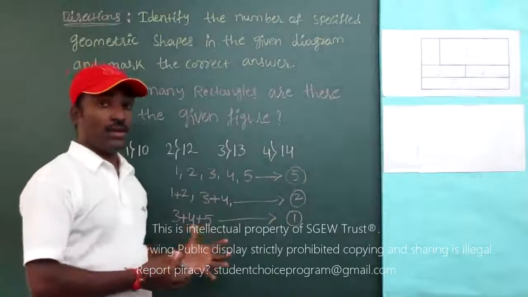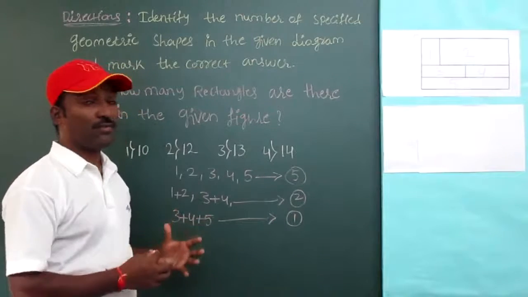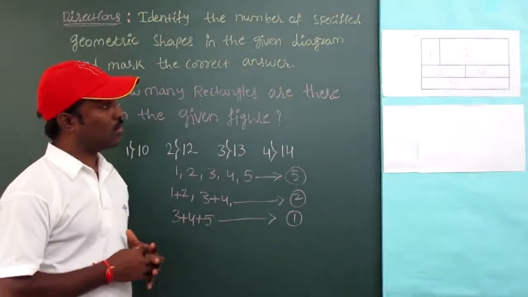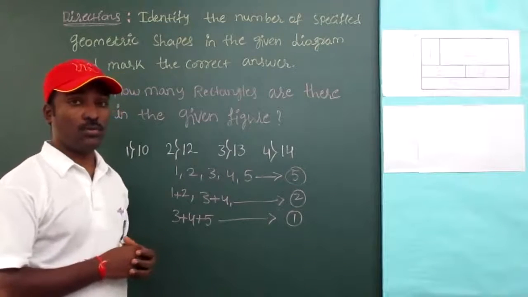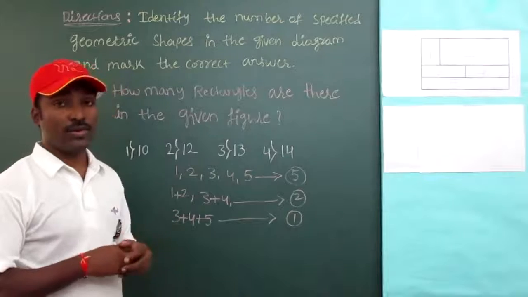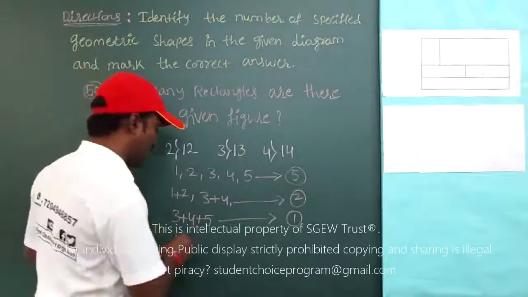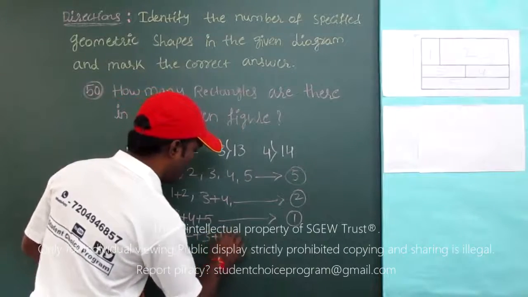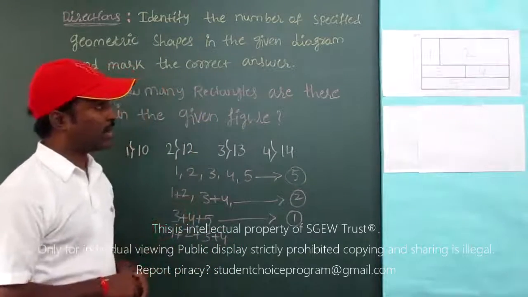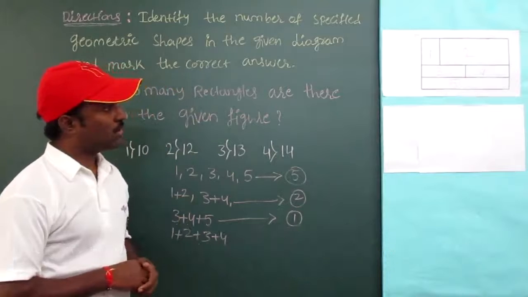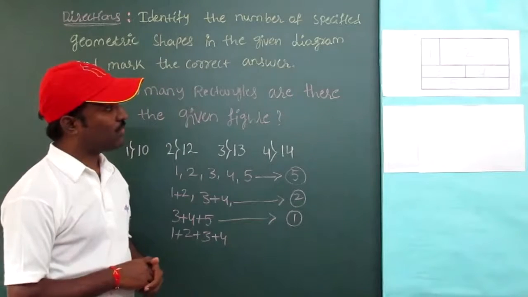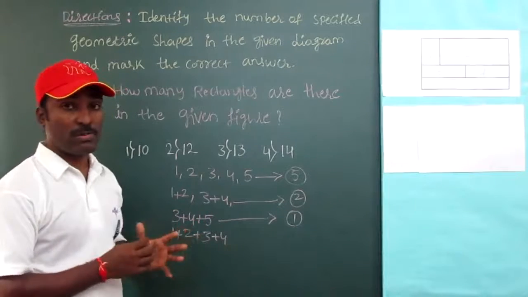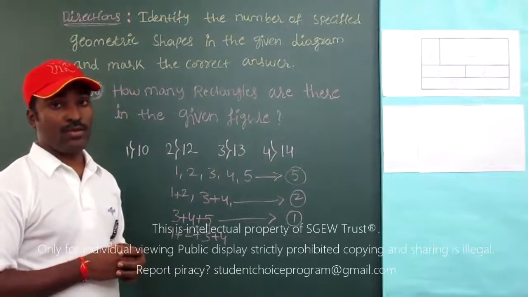Now moving to the next step, that is combination of more than 3 parts. If you combine part 1, 2, 3, 4, yes, you are going to get one rectangle.